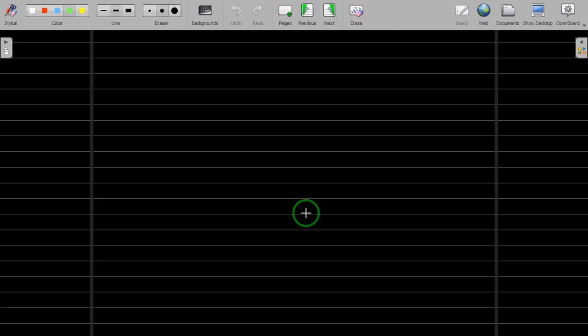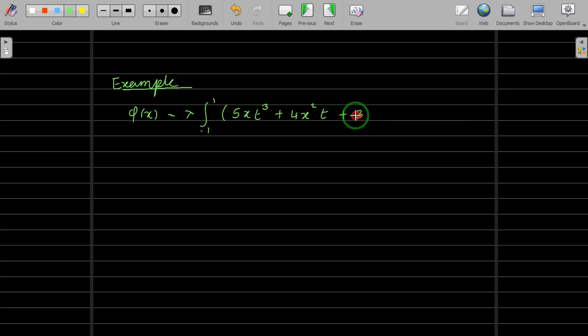You try this. You will get many examples in the M. D. Singhania book. Now try: y of x equals lambda integral from minus 1 to 1 of 5 x t cubed plus 4 x squared t plus 3 x t, times y of t dt.